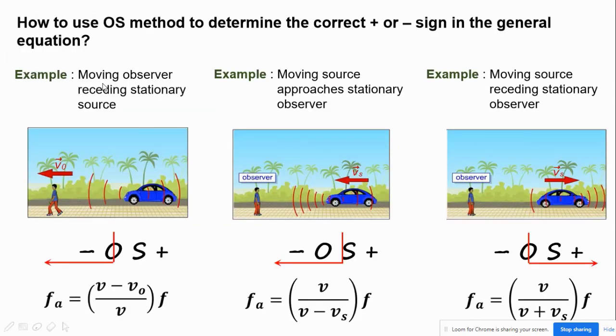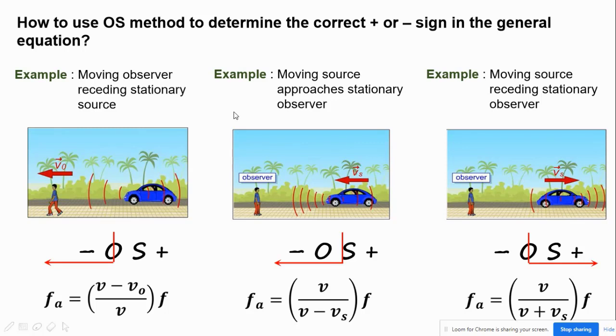Next, we have a moving observer receding from a stationary source. For this one, we put the negative sign at the top, whereby fa = (v - vo)/v, our vs is still 0, times f.